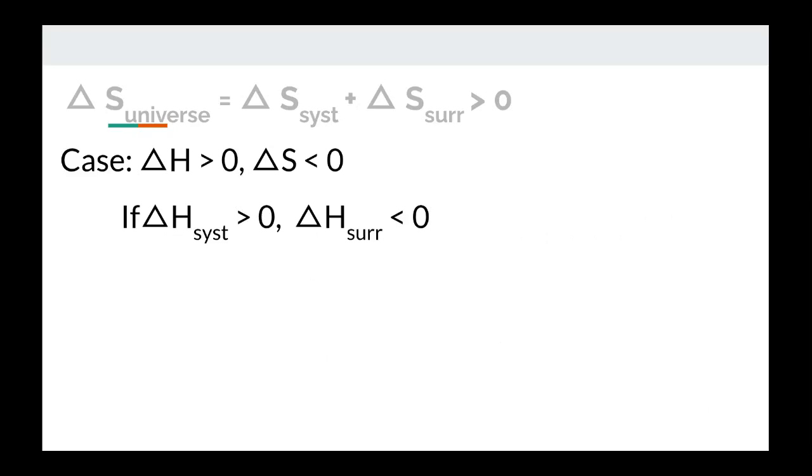If delta H for the system is positive, it's endothermic, which means energy flowed from the surroundings into the system. So for the surroundings, remember, delta S for the surroundings is equal to Q for the surroundings over T. Since Q is going to be a negative number for the surroundings, the entropy change is going to be negative for the surroundings as well.